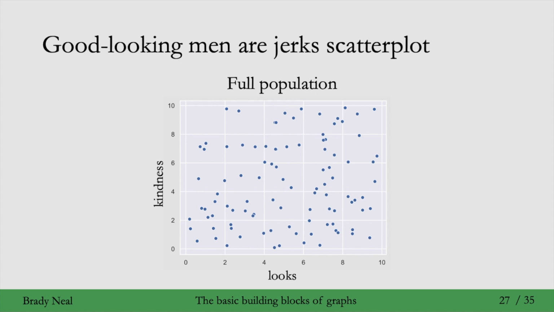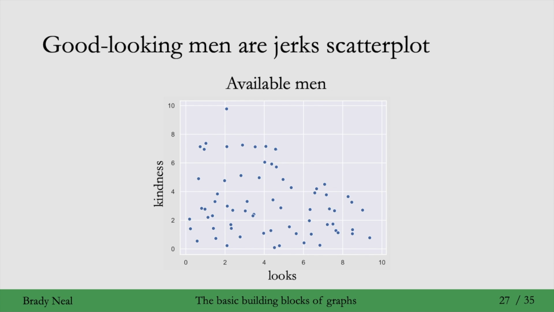But what if I were to group the population into the people who are in relationships and people who are not in relationships? And then if we were to take this data and condition on only people who are available, people who are not in relationships, we end up with this. These are the available men. So in this subpopulation, there is a clear negative correlation between kindness and looks.